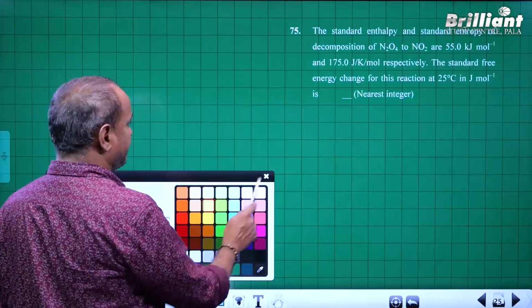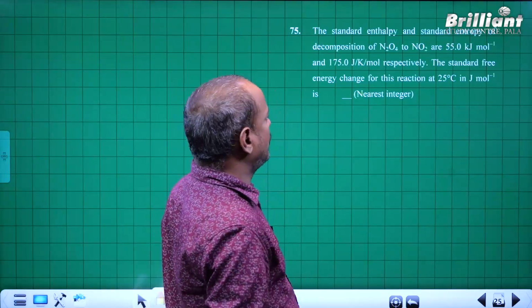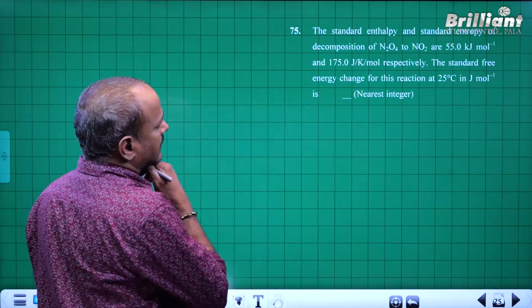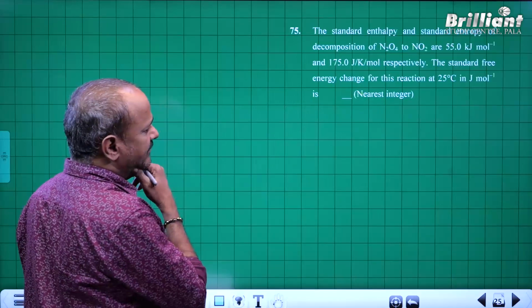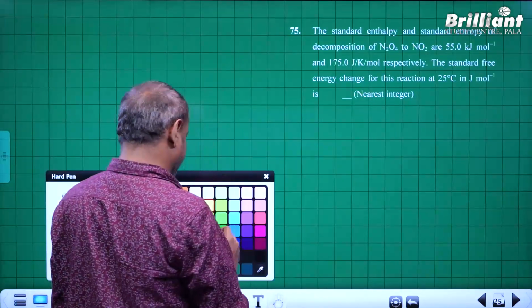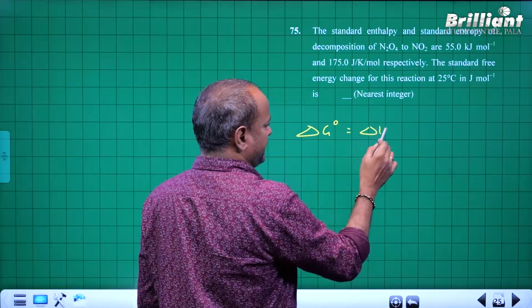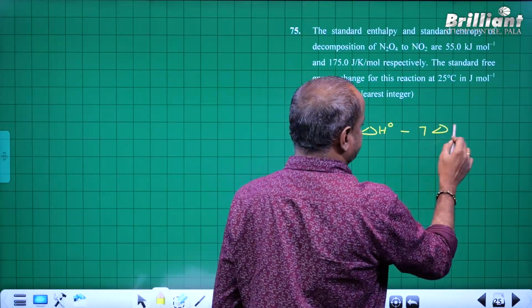Next, standard enthalpy and standard entropy, both of the compound, are given. The standard free energy change for the reaction uses that formula only, because both enthalpy and entropy are given. Delta G naught is equal to delta H naught minus T delta S naught.